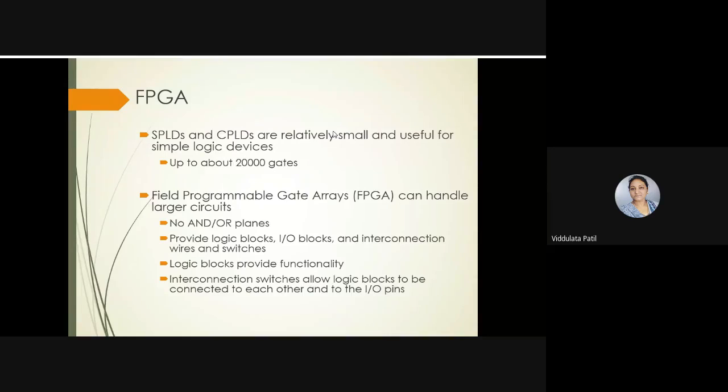So in both CPLDs and FPGAs we have similar types of blocks. The only difference is that in CPLDs the logic blocks have AND-OR planes, and in an FPGA we have lookup tables.